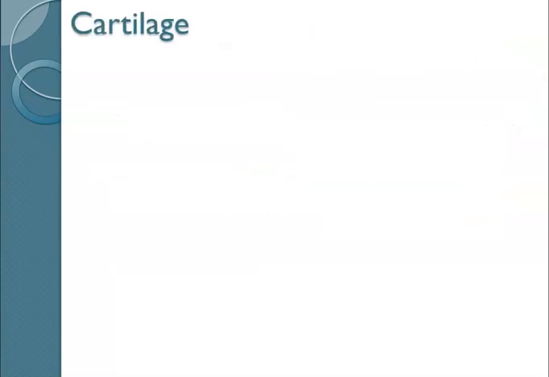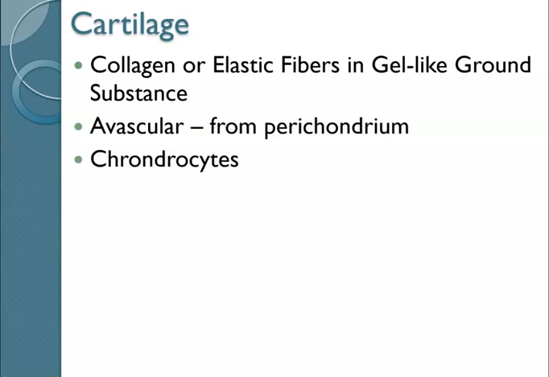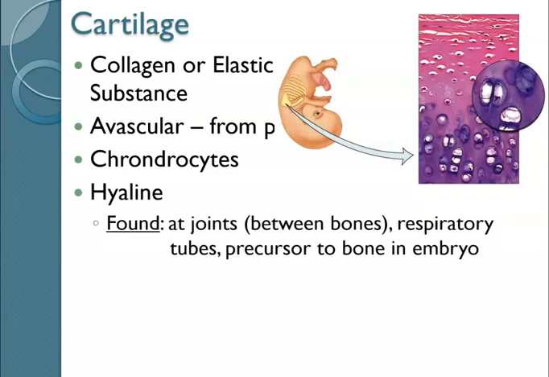Next is cartilage. Cartilage has a gel-like ground substance. It has collagen fibers and elastic fibers. As I mentioned earlier, these are the only connective tissues which are avascular, they do not have their own vascularization. So they need the connective tissue surrounding cartilage, called perichondrium, to supply them with blood. Chondrocytes, hopefully you recall, are the mature cartilage cells.